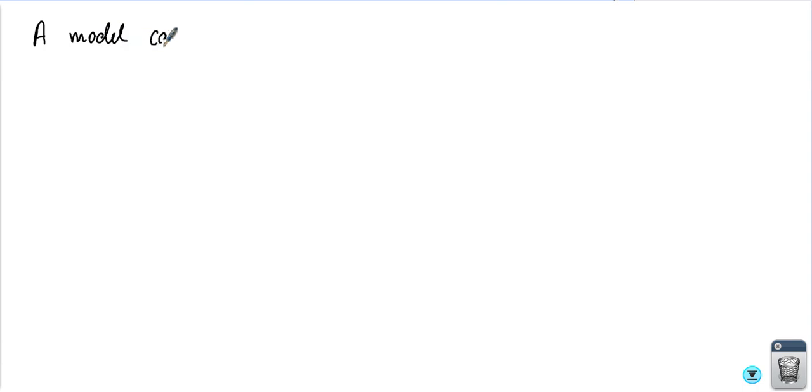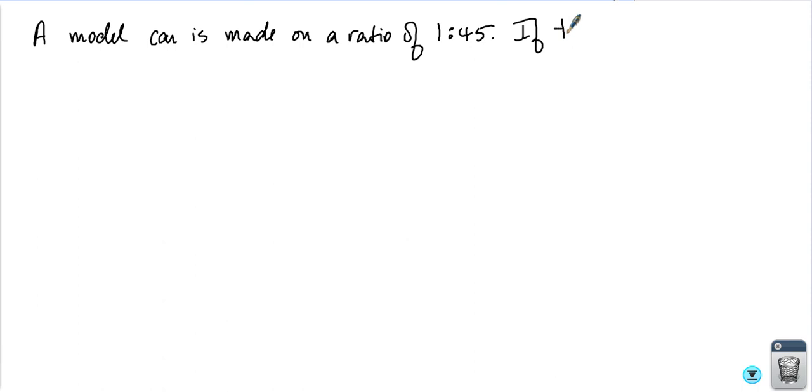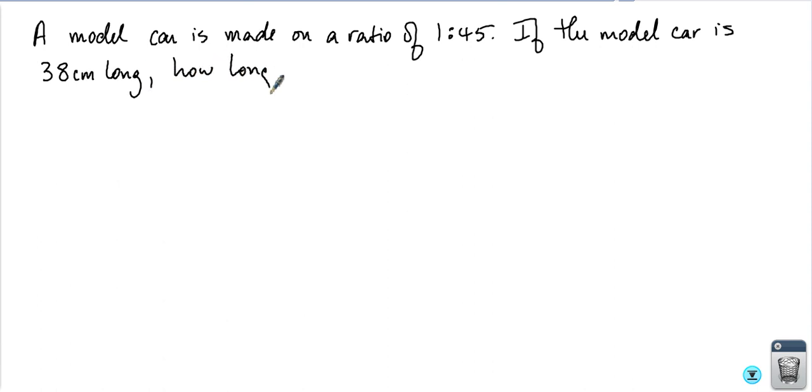A model car is made on a ratio of 1:45. If the model car is 38 centimeters long, how long is the car in real life?